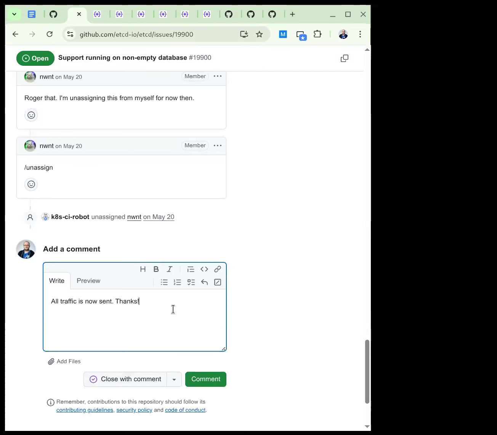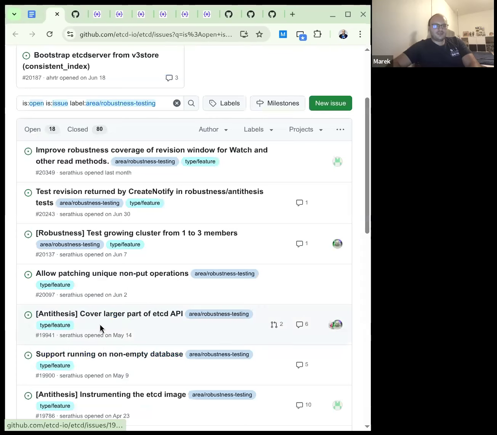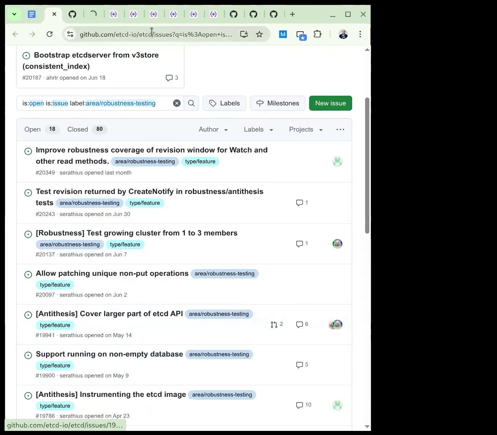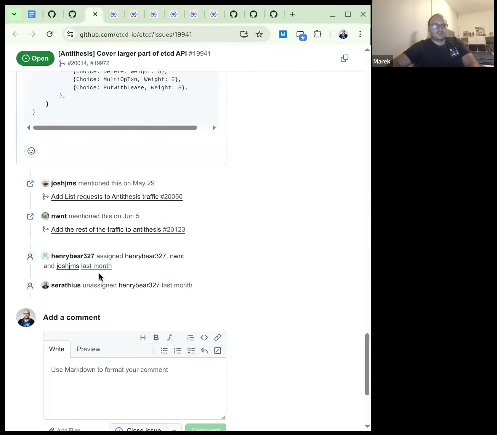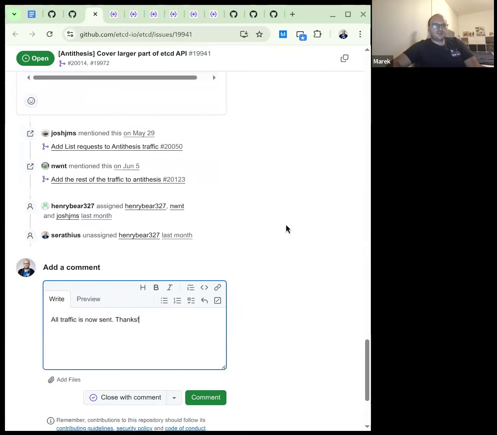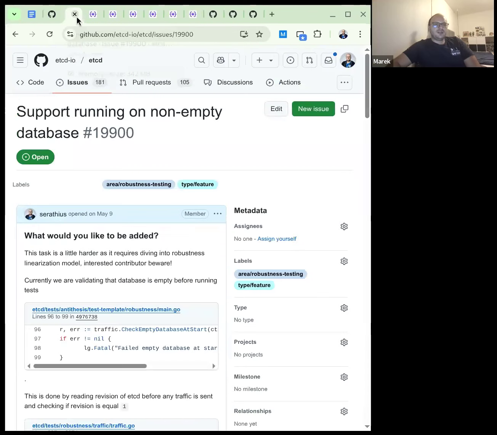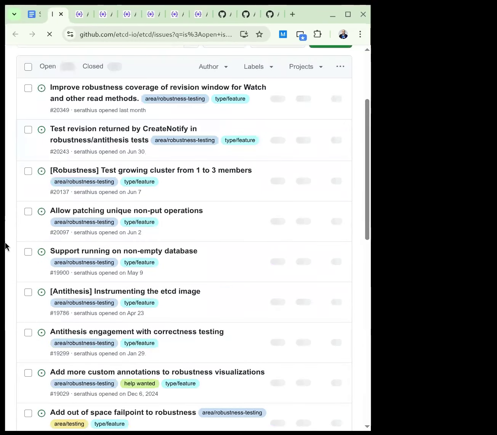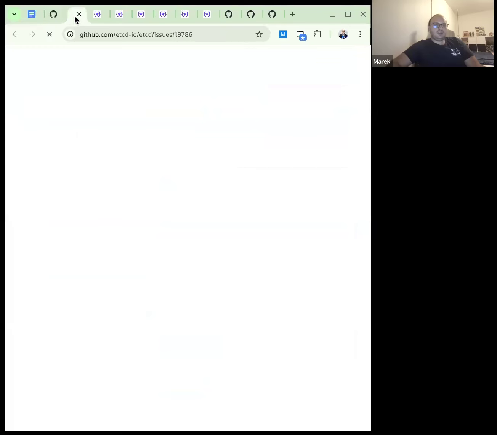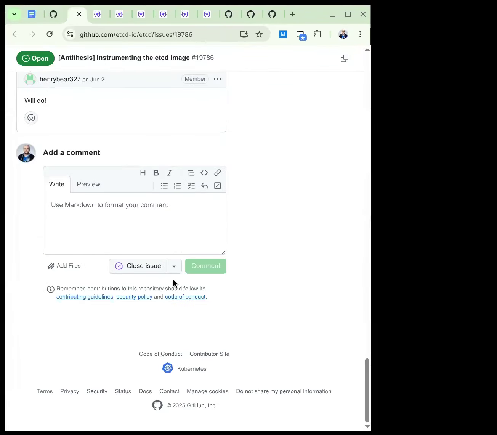Sorry, no, this is the larger part of the API. Correct me. No, I didn't close it. Okay, yeah. And you mentioned a second issue, but the instrumenting one, yes, perfect. I think that's already done.